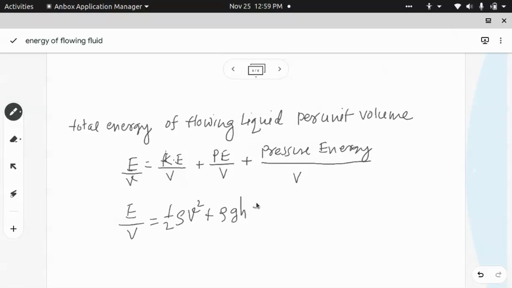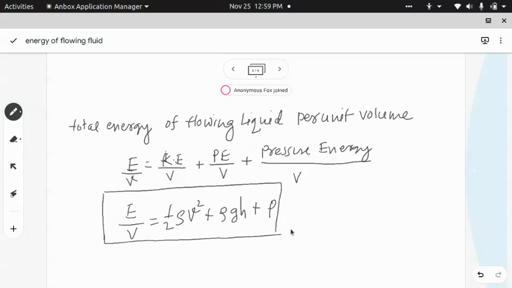Yes, and pressure energy per unit volume is given by only P. So the total energy per unit volume of a flow of liquid is given by this expression. This is the kinetic energy per unit volume, this is the potential energy per unit volume, and the last term is the pressure energy per unit volume.